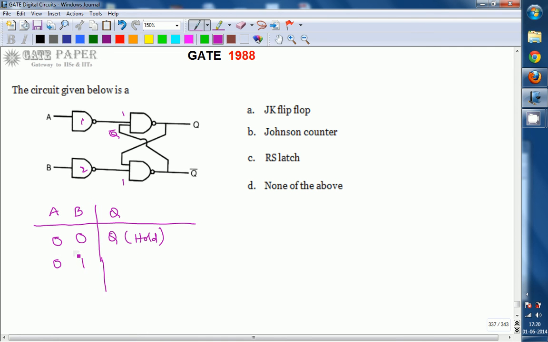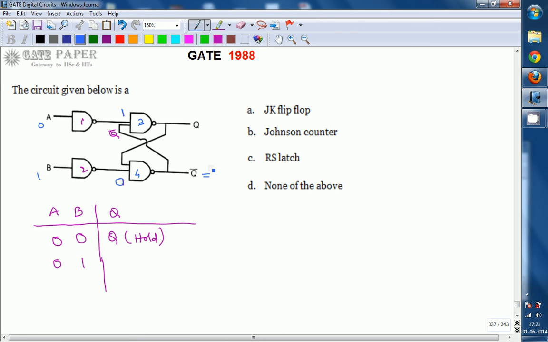If it is 0 1, what happens? A is equal to 0, B is equal to 1. So 0 bar is nothing but 1, and 1 bar is nothing but 0. We know for a NAND gate, if one of the inputs is 0, the output will definitely be 1.